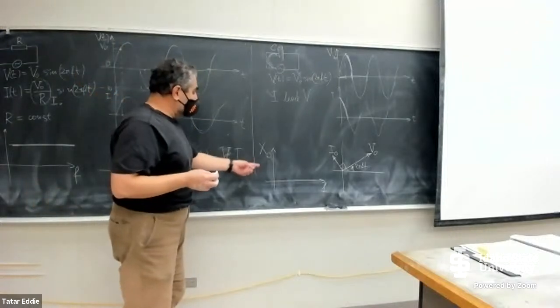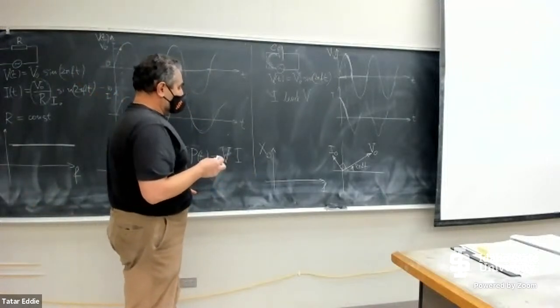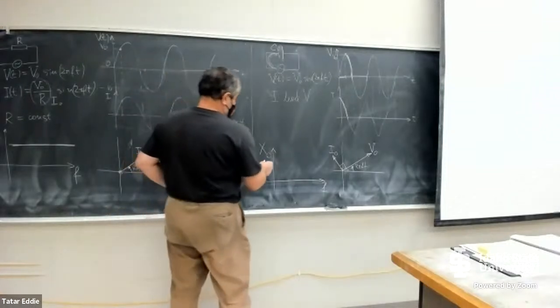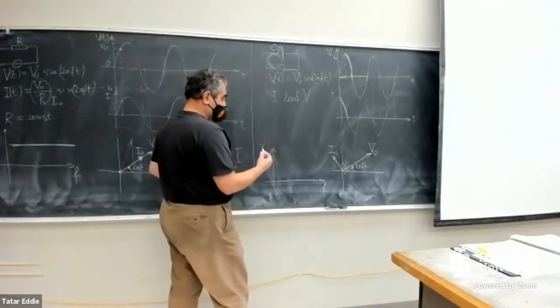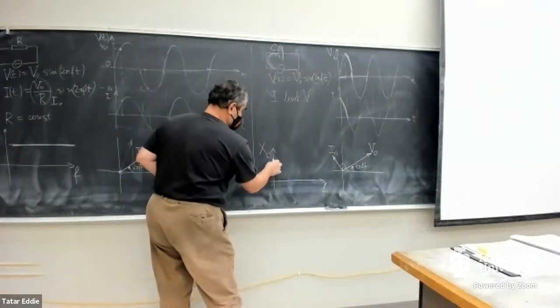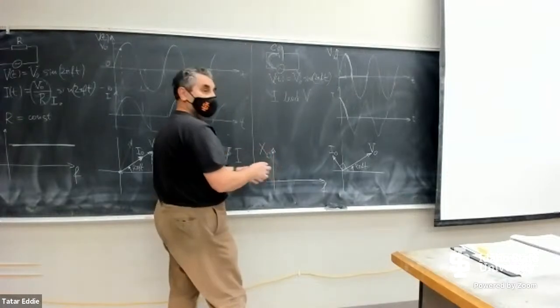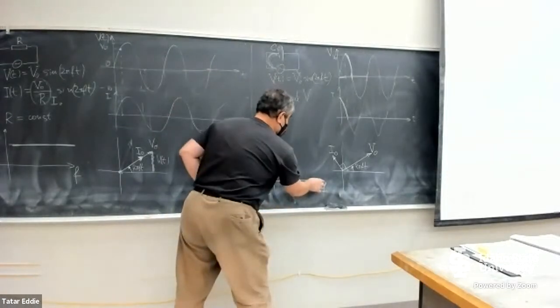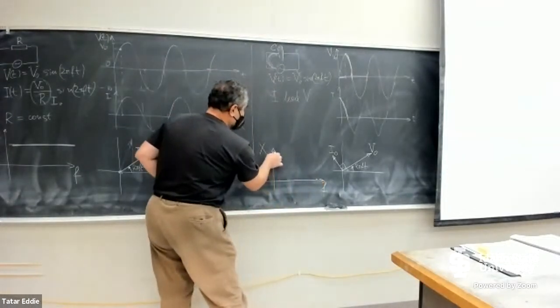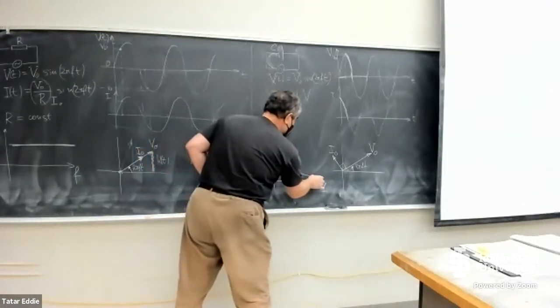And the resistance is very high at zero frequency. In other words, you're here, zero frequency, you're very high. And at high frequency, the resistance is very low. In other words, it behaves like this.